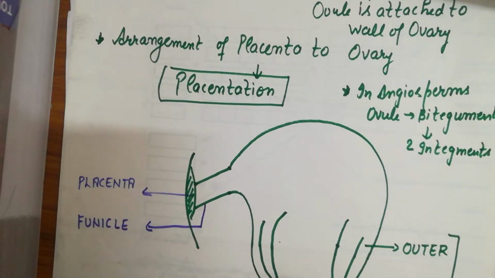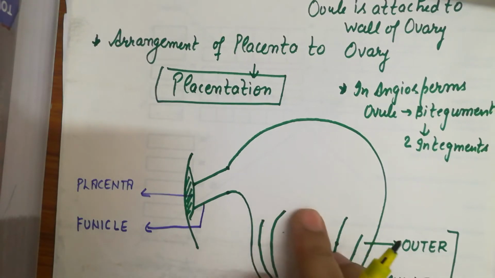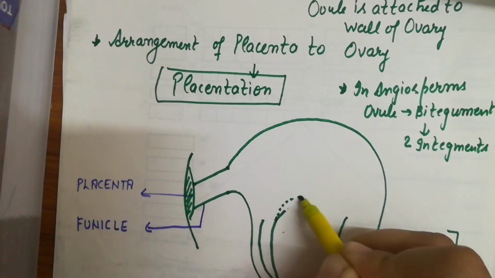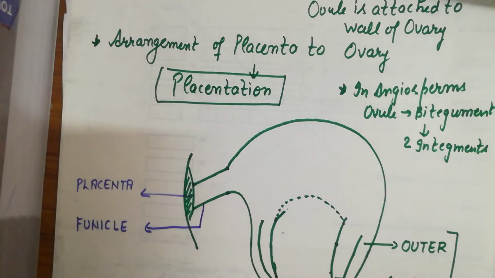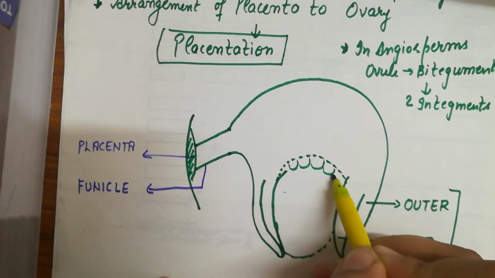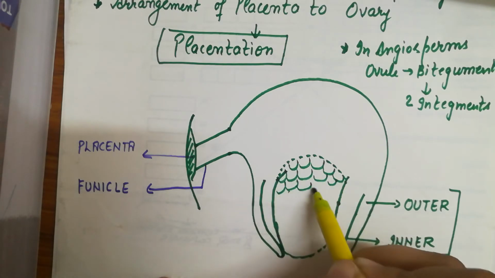So now, if you talk about inside the body, there is a mass of cells. Inside this body, it is completely filled with a lot of cells, and all of these are diploid cells.